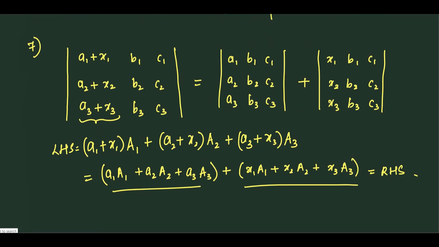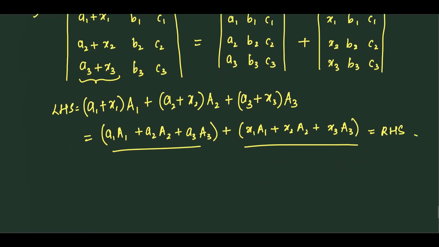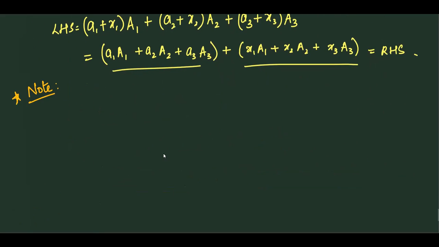Now suppose there are two rows or two columns involved. I will illustrate this, otherwise you'll get confused. Note, very special note. Now I will do it row wise.